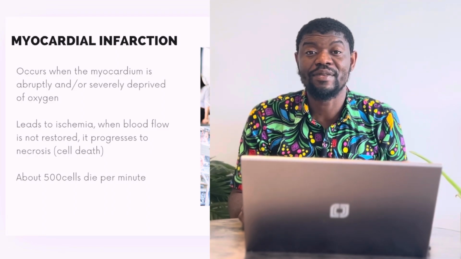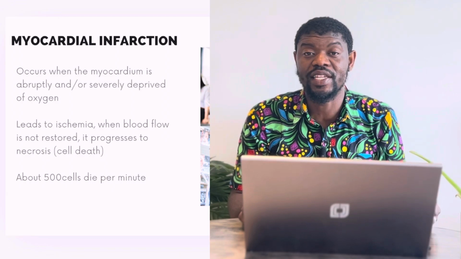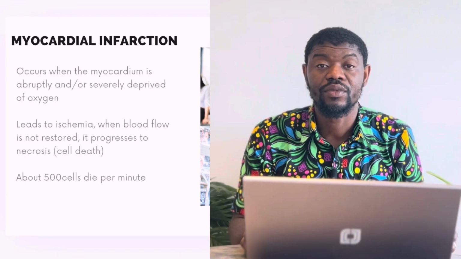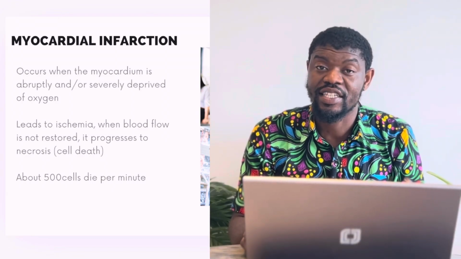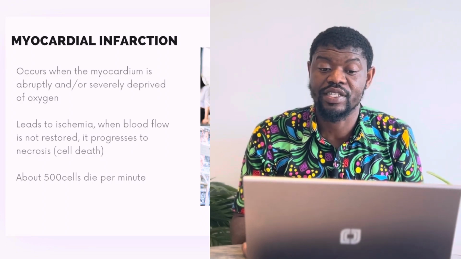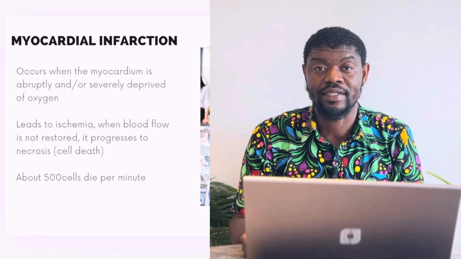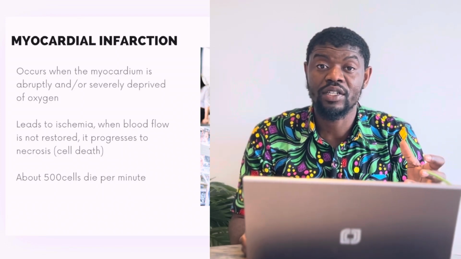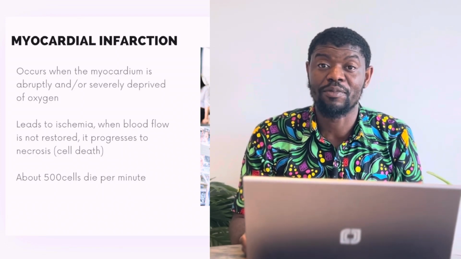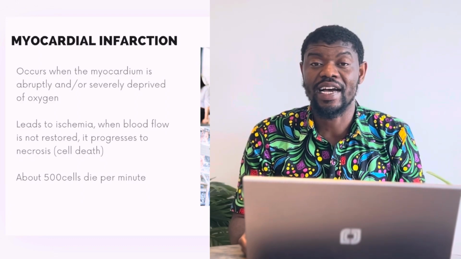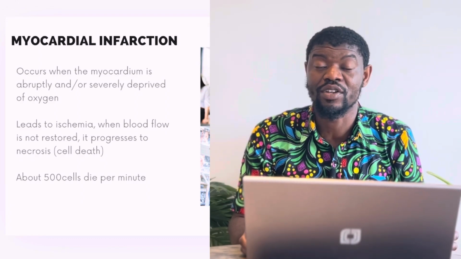And when the ischemia is not treated immediately, or when blood flow is not restored, the tissues may go into necrosis, which is literally death of the cells of the heart. It is important to understand also that about 500 cells die per minute when the cardiac muscle gets into necrosis. And so it is very important that swift actions be taken when someone is experiencing myocardial infarction.